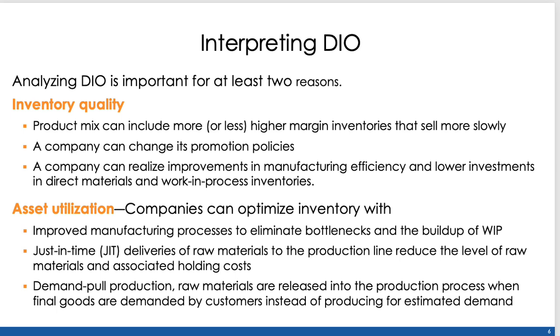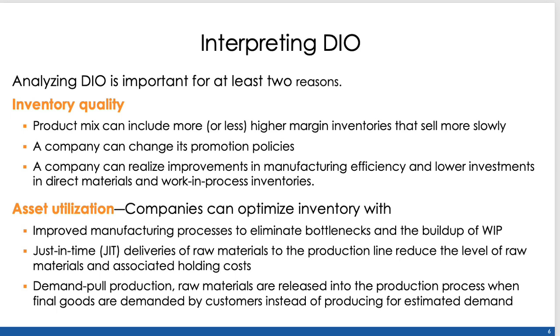What do we mean when we say that DIO, or days inventory outstanding, helps us to better understand inventory quality? Well, what we mean by that is not necessarily, is this screwdriver a better screwdriver that you can get at Lowe's? No, what we're saying is the product mix that Home Depot is offering can include higher and lower margin inventories.